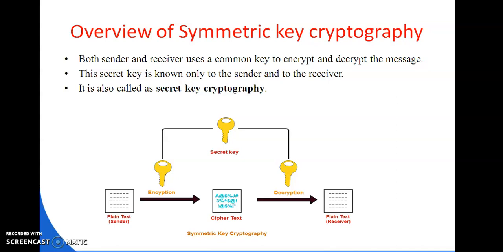Next, in practical situations, symmetric key cryptography has a few problems also. The first problem is key agreement or key distribution. In the first place, how do two parties agree on a key?